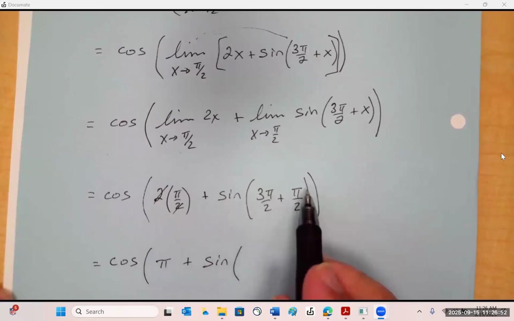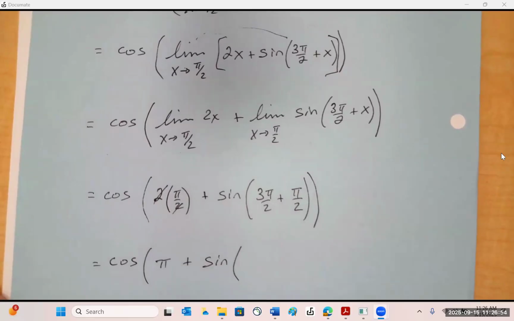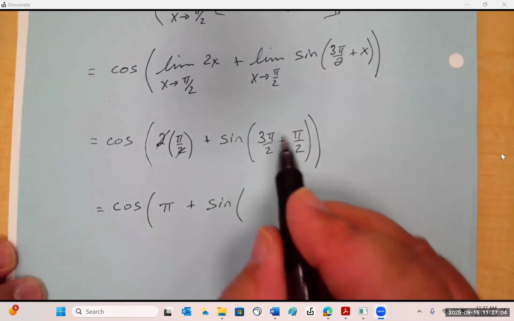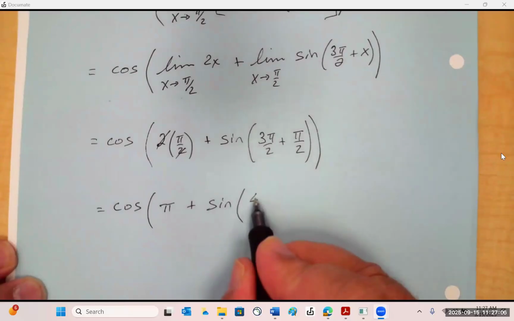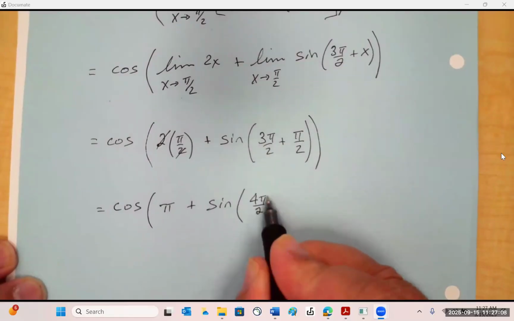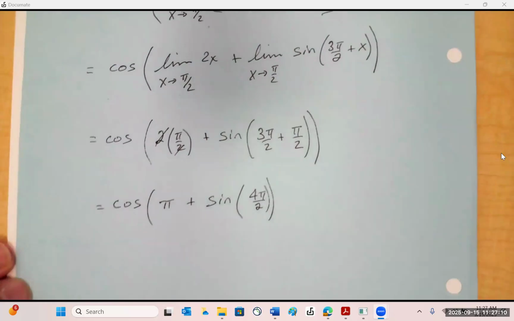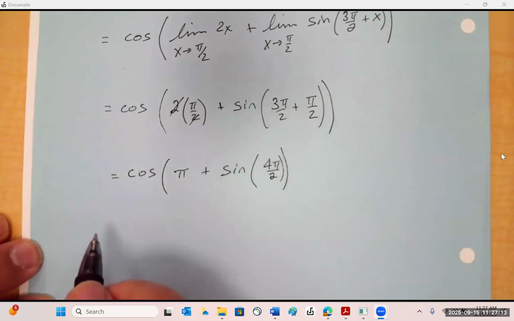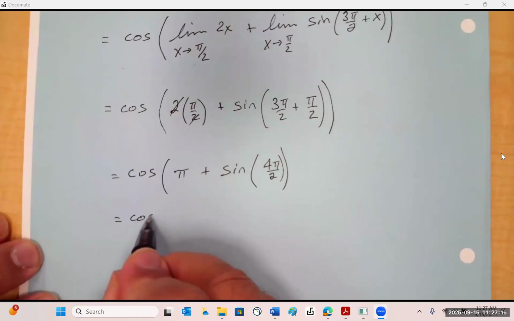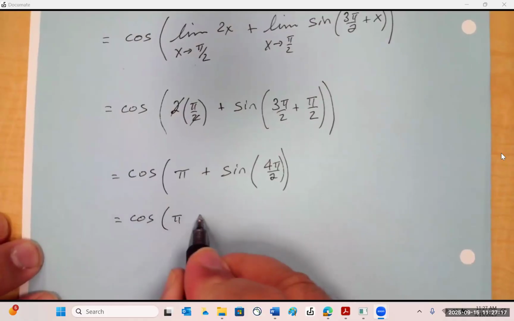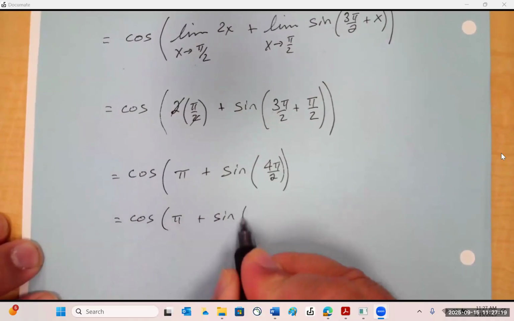3 pi over 2 plus pi over 2 is what? You have a common denominator, so it's 4 pi over 2, which becomes 2 pi.